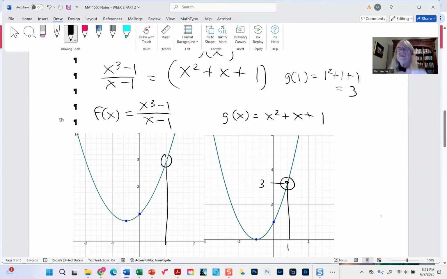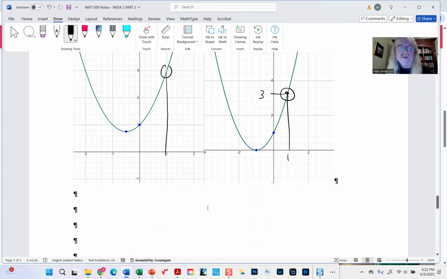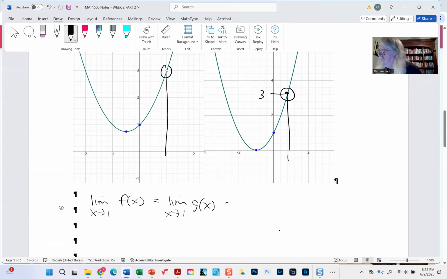Okay. So here's what they're trying to get at. Because they're only different by 1 point, in spite of that whole error, they both equal 3.